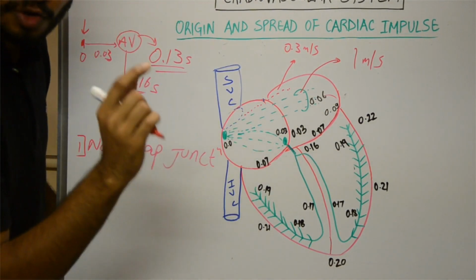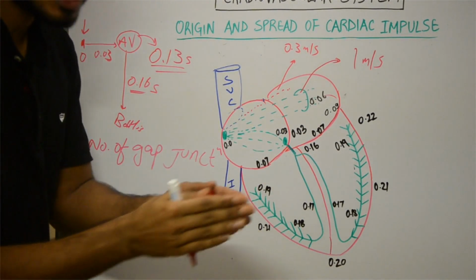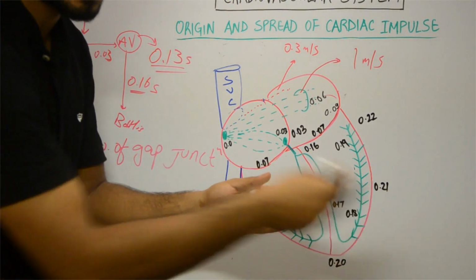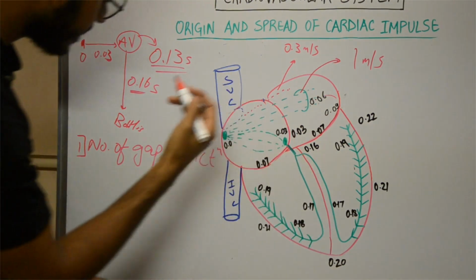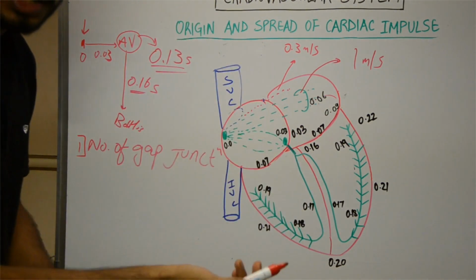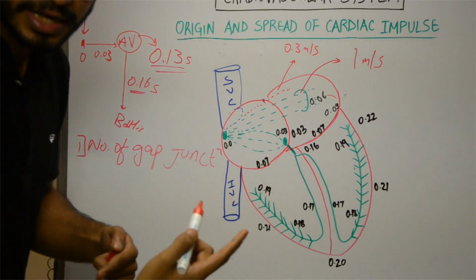Now gap junctions are basically gaps, there are channels. So obviously more the number of gaps, more rapidly the impulses will pass. Since there are less number of gap junctions, therefore the impulse velocity is reduced. Therefore there is a delay, time has increased.